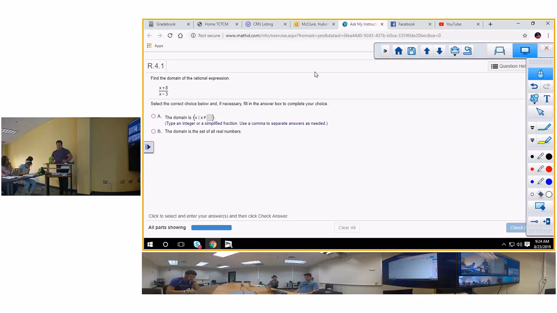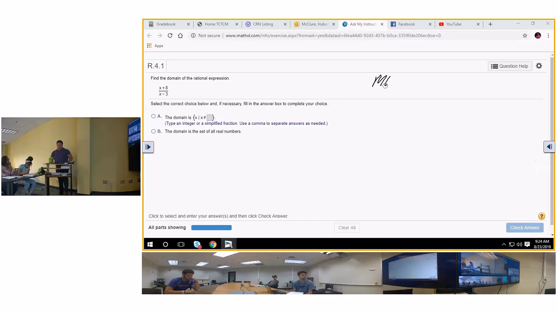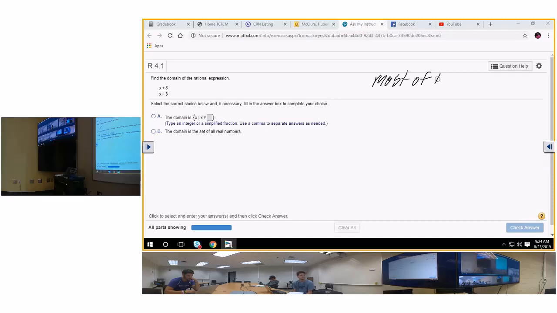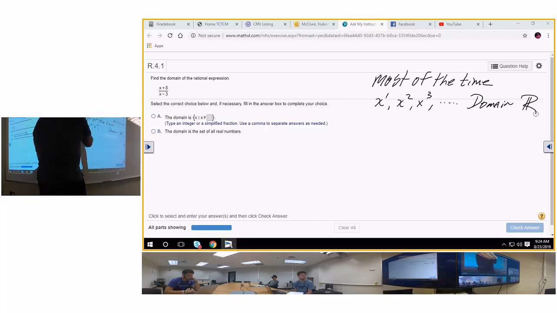Now, why in the world do you have to set the denominator equal to 0? Because most of the time, with x to the first, x to the second, x to the third, and so on, your domain, what you can plug into the function, is going to be all real numbers. You can plug in 1/2, you can plug in -2, you can plug in -6.